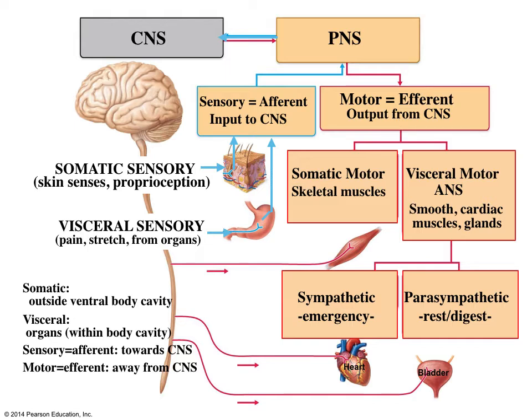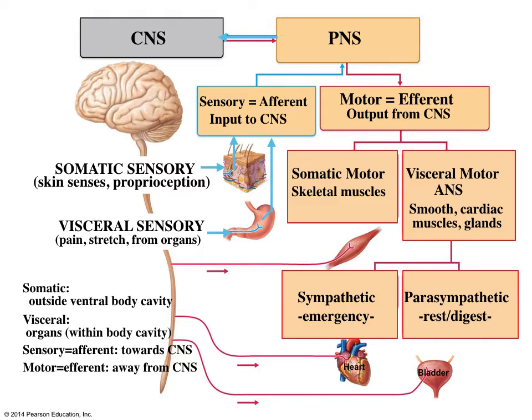Depicted in red arrows would be the outgoing motor or efferent information. Here again we have two subdivisions. Somatic motor. Somatic motor has as its effectors skeletal muscles.